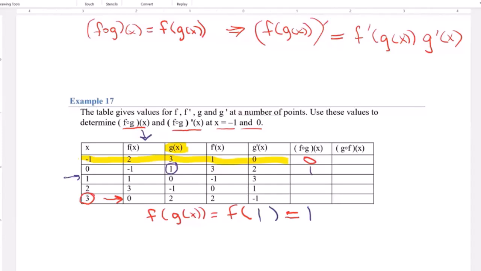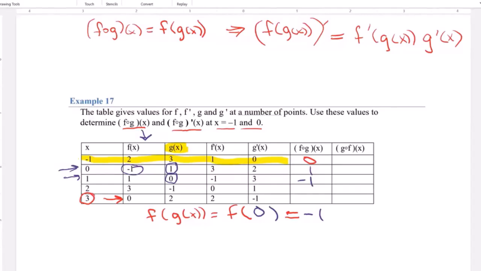Next, I'll just keep using the same place. Next, I have g of x equals 0. So f of 0. I go here to where x equals 0. I pick -1 for f of 0.